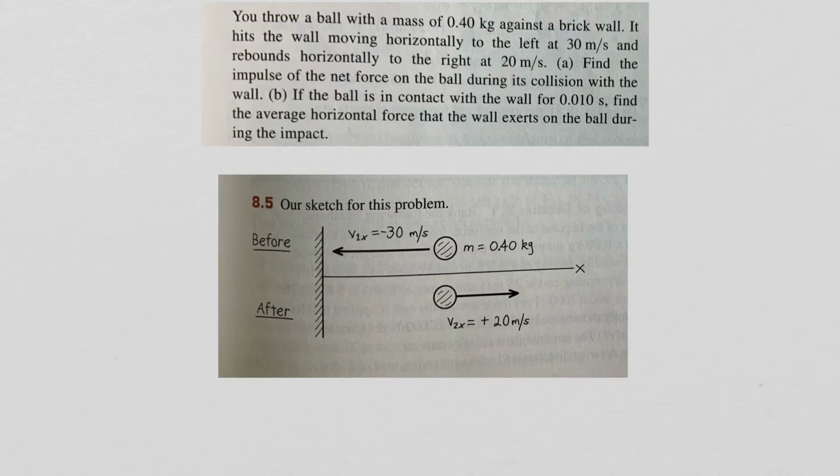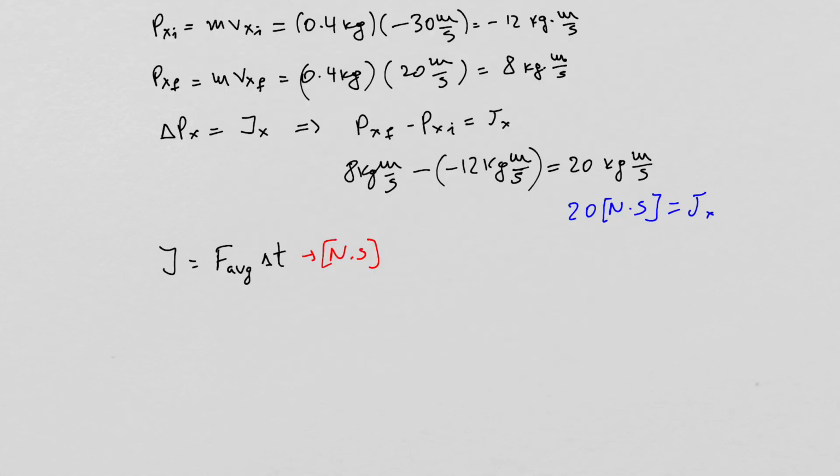Next, we want to find the average horizontal force that the ball exerts on the ball during the time of impact, and the time of collision or of impact is 0.01 seconds. So for that, I'm going to use the relationship between the impulse and the average force and time of interaction.